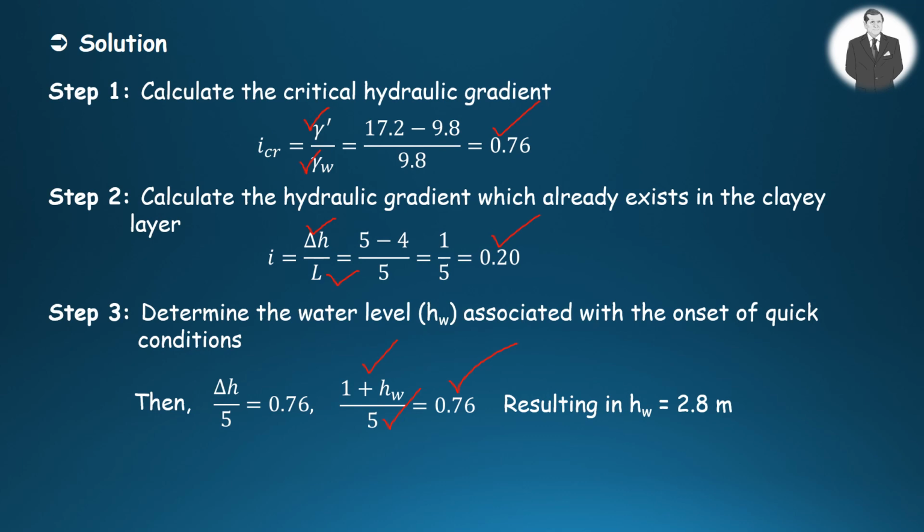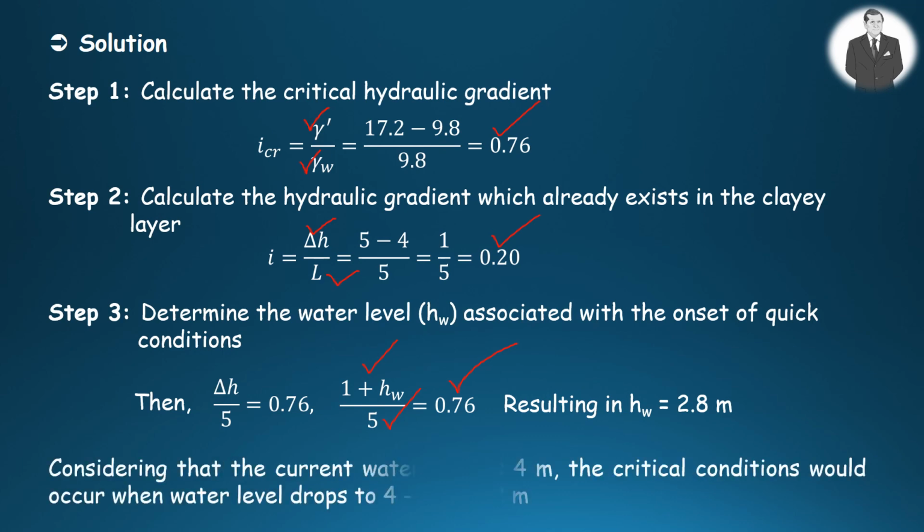This results in a height of 2.8 meter. Now, considering that the present water level is 4 meter, then the critical conditions would take place when the water level drops to 1.2 meter.